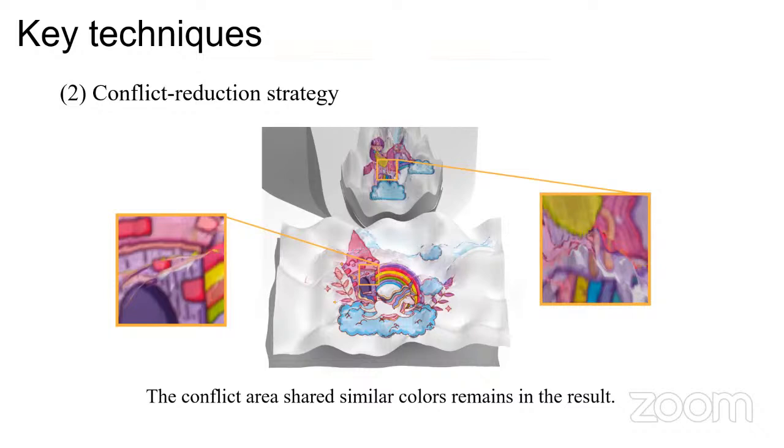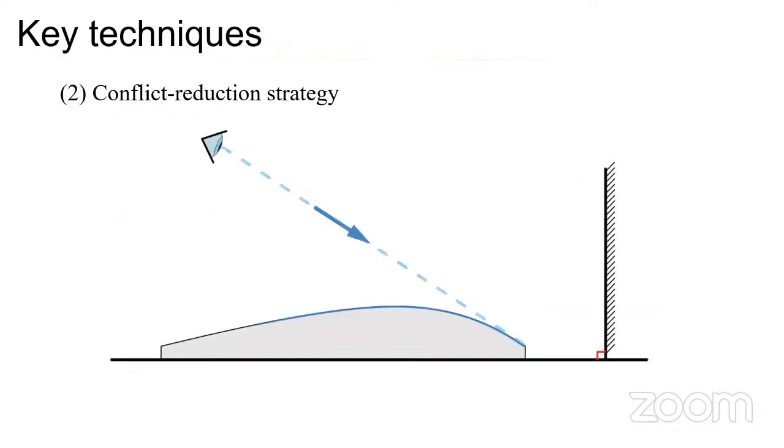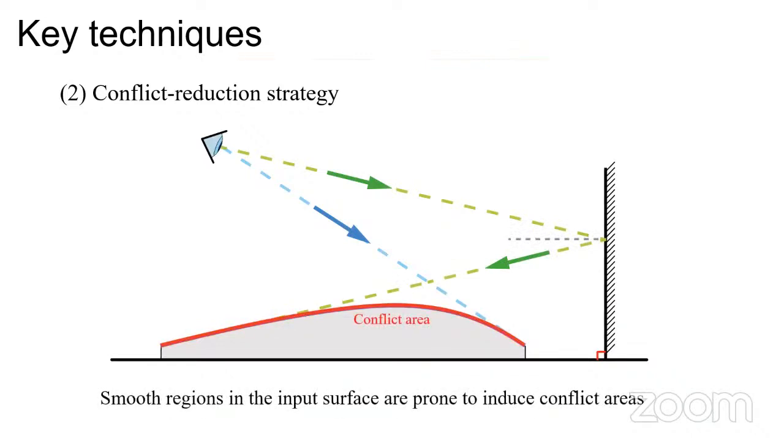This shows that we need some way to enhance the differences in the colors of the conflict areas. And we also find that smooth regions in the input surface are prone to induce conflict areas, which means we need to generate some spikes on the saucer to further reduce the conflict area.